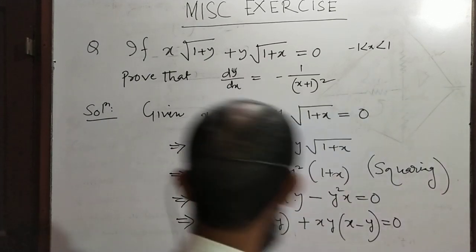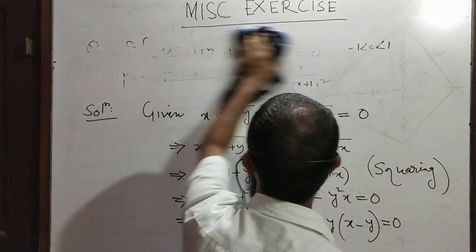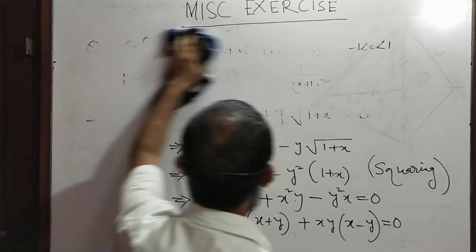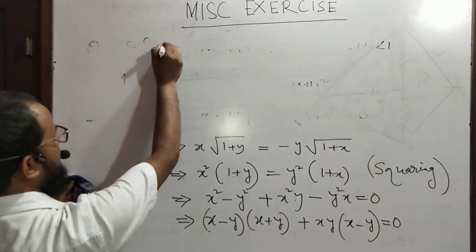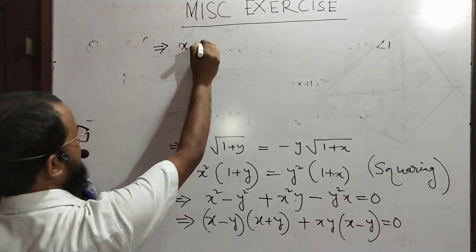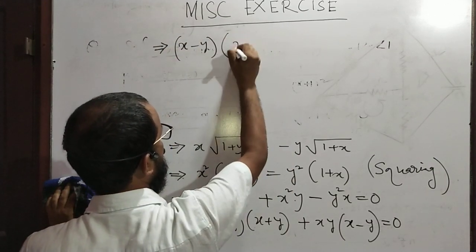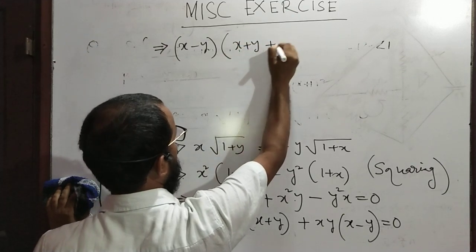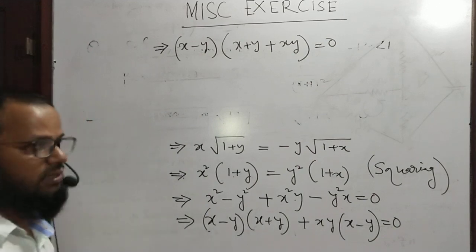So it implies x minus y into x plus y plus xy equal to 0.